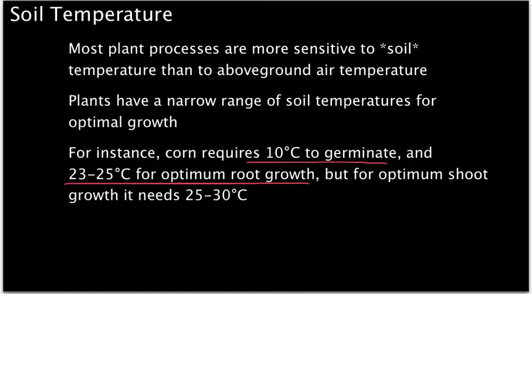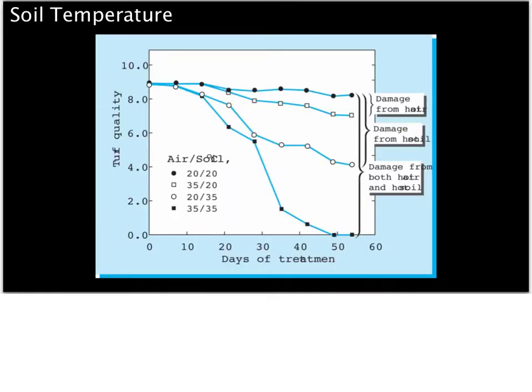For optimum shoot growth, the air temperature needs to be even higher than that, so mid 80s degrees Fahrenheit, 25 to 30 degrees Celsius. So it gives you an idea of the requirement of crops to do different aspects of their growth, from germination to full growth. This graph is a picture of that.